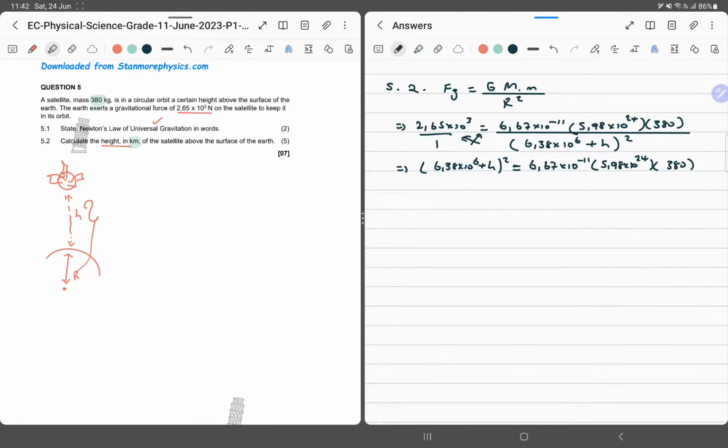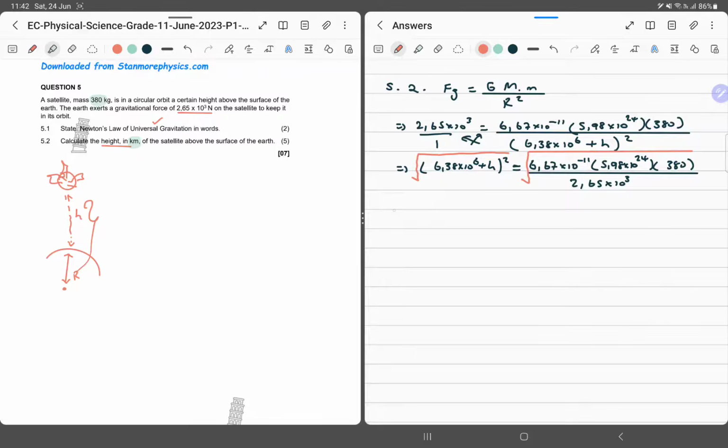Easy, right? And then of course we will divide by that force here. Now here we can do our fancy gymnastics. Take the square root. What we do on the left hand side, we must do on the right hand side.